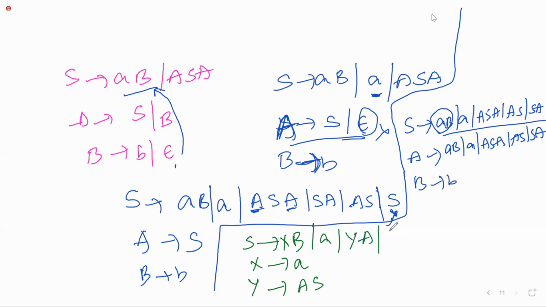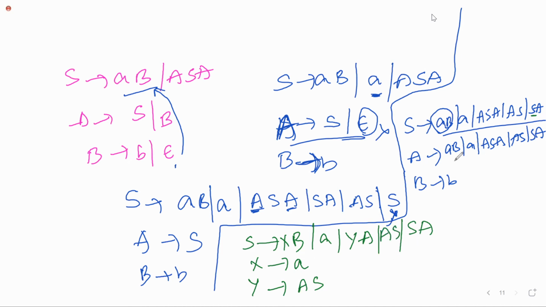Here you will get only Y. Okay. Next, SA. SA means, which is already in the CNF format, it has two capital letters. Actually, we don't need to replace AS here either. If we replace it, it again becomes a unit production. So without replacing, we can simply write AS, which is already in the CNF format.